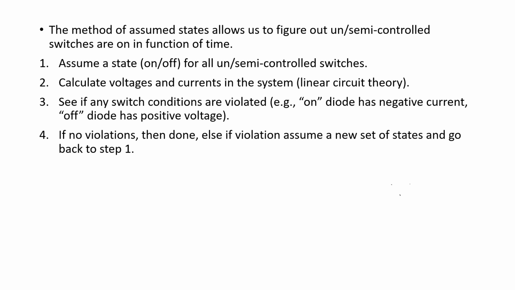Yes, this is a violation. If there's no violation, you can finish your analysis because all your assumptions are correct. If there's even one violation, you need to assume a new set of states and go on to step 2, because a new set of states means you've already passed step 1, right? So go back to step 2. Maybe I should change.